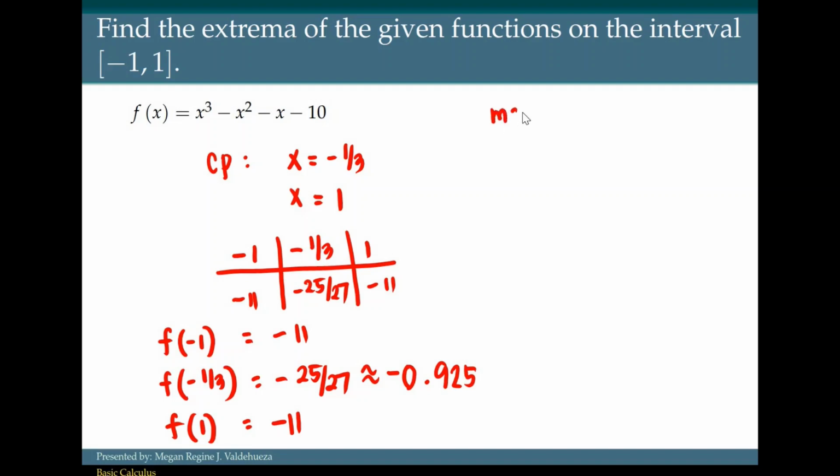So when we say maximum value, that is the y value, or the function value at x. But when we say maximum point, then that is our x and y. So the maximum point for this function is -1/3, -25/27.